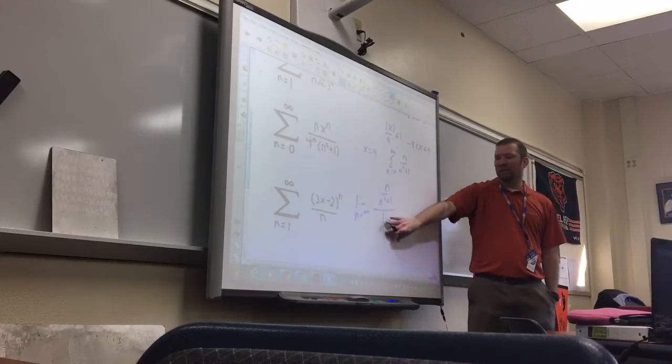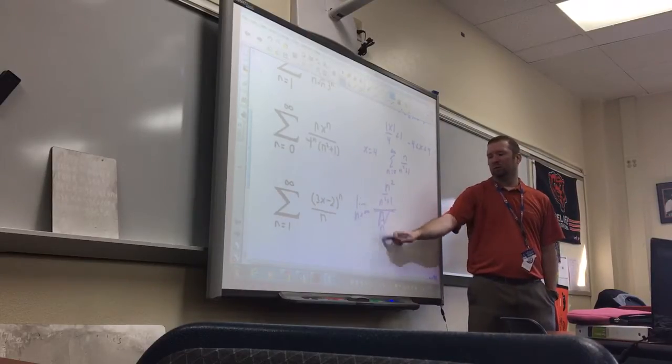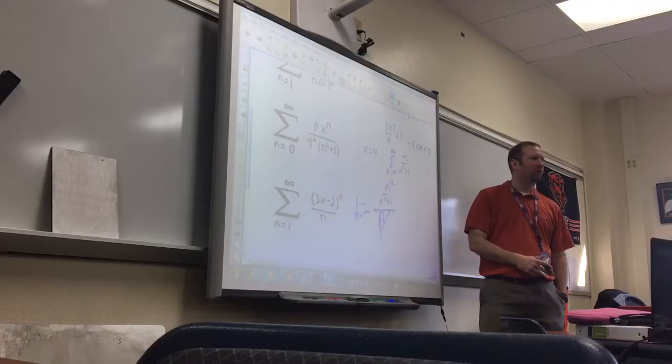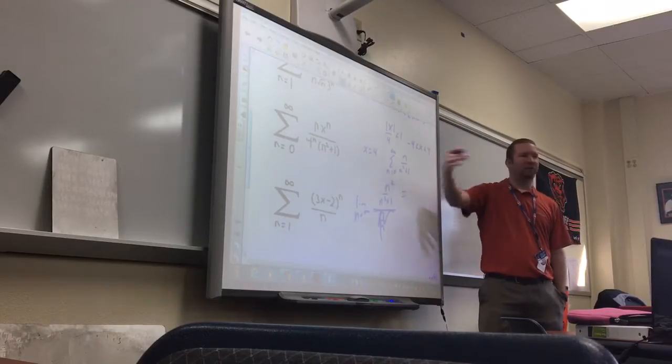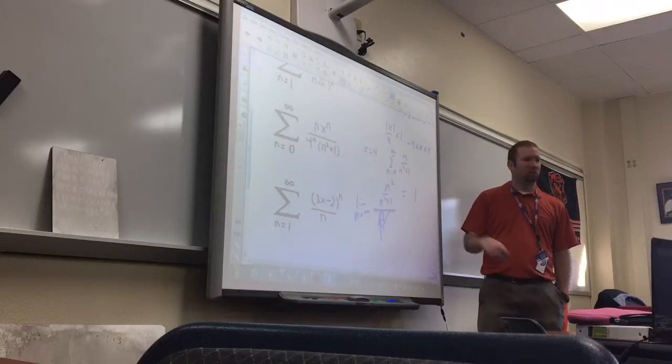This n is going to kick to the numerator, so you get n squared over n squared plus 1, which if I factor an n squared out, I get 1. Which means the two series must do the same thing.